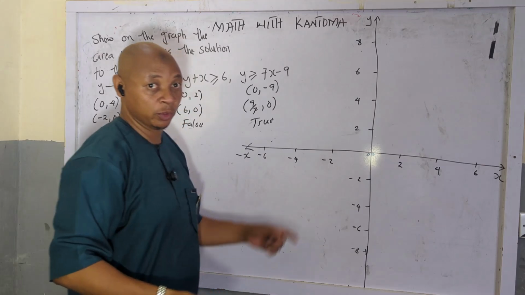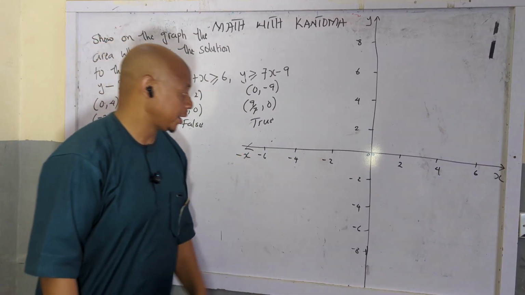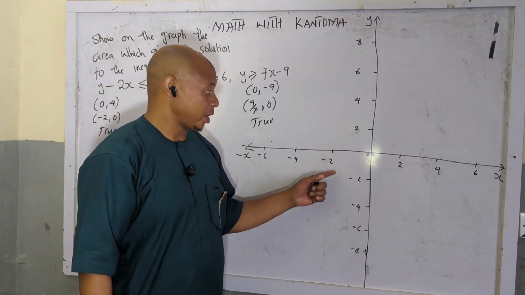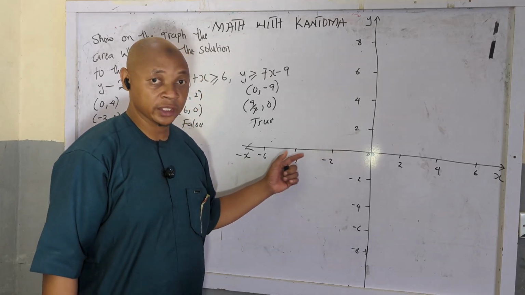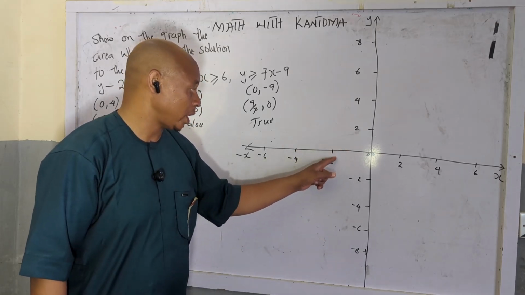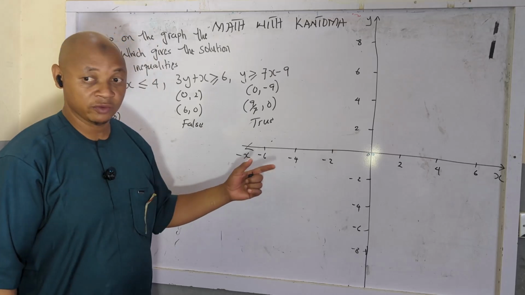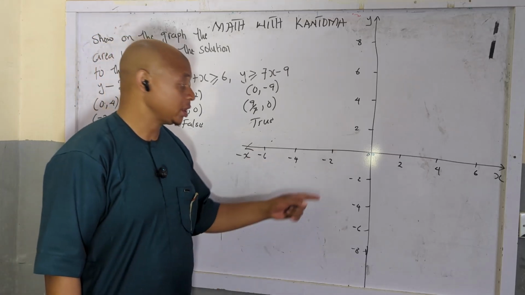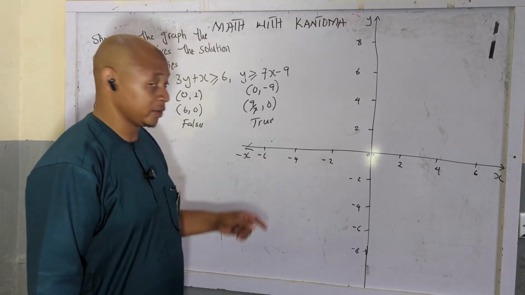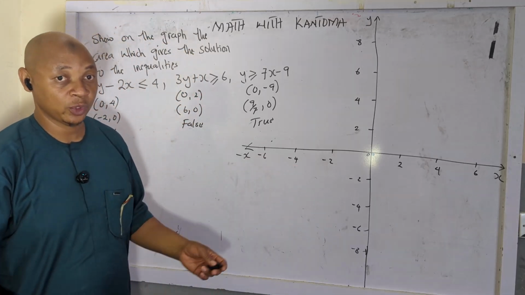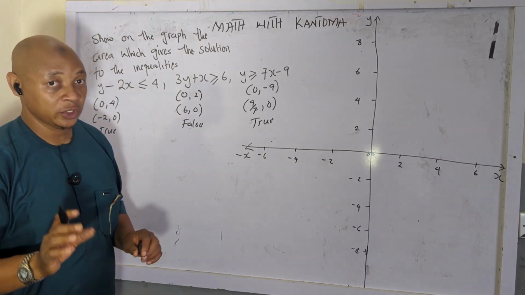By assumption, if you plot it on the graph, you are going to have an exact point. If you are using 1 centimeter to represent 1 unit, this will be 1, this will be 2, this will be 3. If you are using 1 centimeter to represent 2 units, you are going to have minus 2, minus 4, minus 6, and what have you. So it depends on how you plot your graph. You are going to choose the scale yourself.